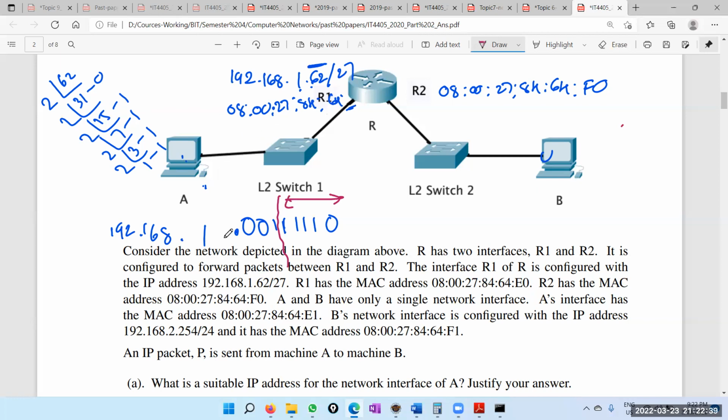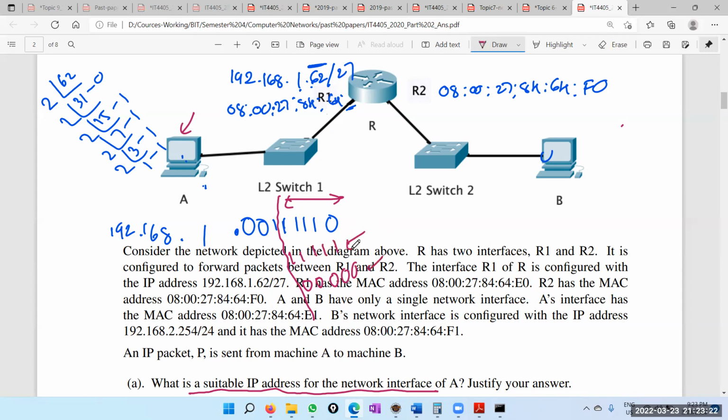Now the question is, what is a suitable IP address for the network interface of A? That means a suitable IP address for host A. How do you find it? Since this is where we can play around, it can go from 0, 0, 0, 0, 0, the smallest number, which is reserved for the subnet ID, to 1, 1, 1, 1, 1, which is your broadcast ID.